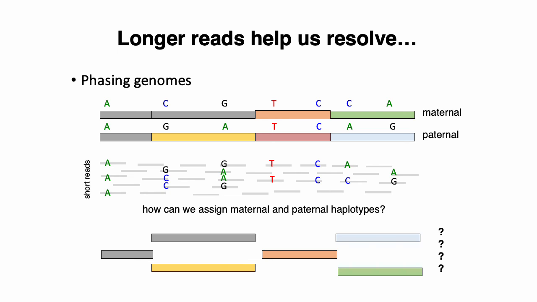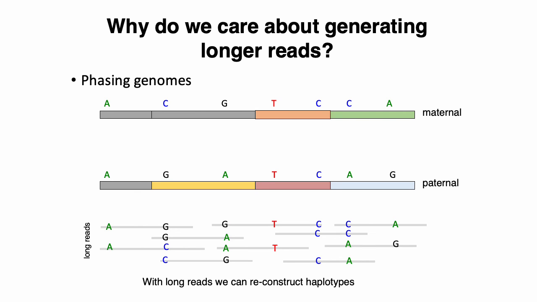But with long read sequencing this becomes much easier. This slide shows that with long read sequencing, your reads will tend to capture multiple SNPs on the same read, which allows you to phase the genome because you know which SNPs occurred on the same chromosome.